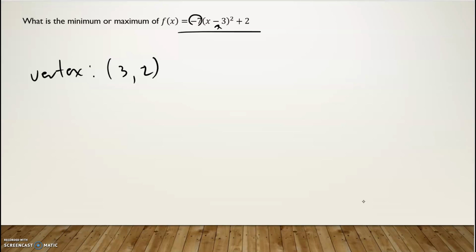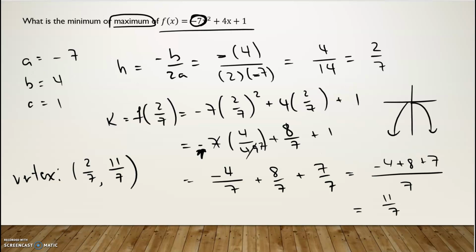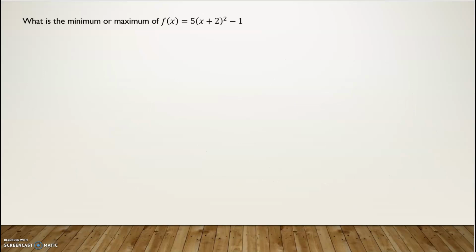Okay, now notice we have a -7, so that means that the parabola is going to be opening downward. Here's our vertex right here, which means that is going to be a maximum. Okay, now let's look at this one.